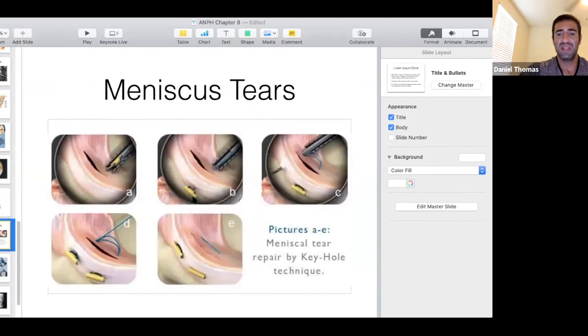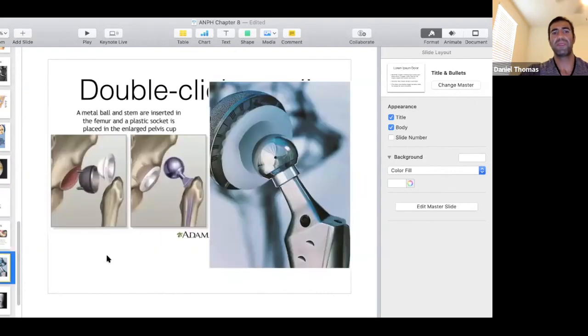This shows a meniscus tear repair using something called the keyhole technique. Basically what it looks like is they just stitch it back together if they can. They take out the floating pieces, and if necessary, sort of stitch it back together.